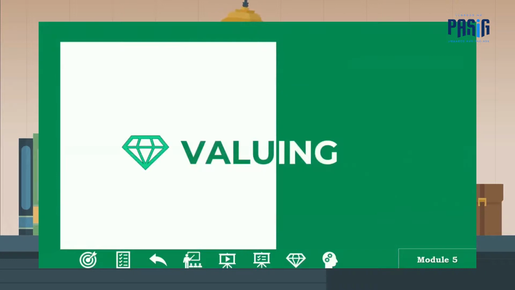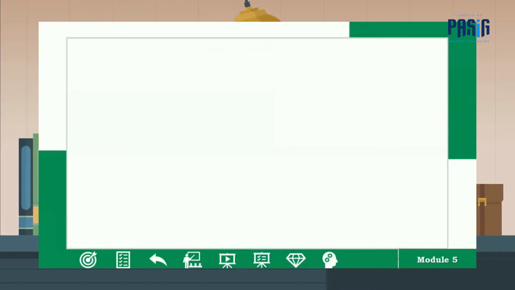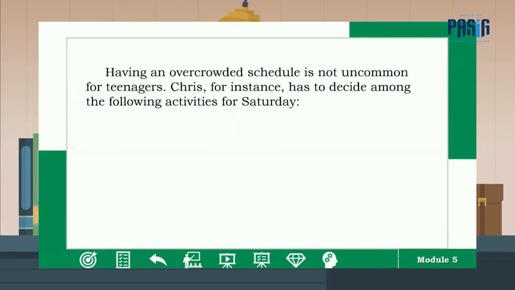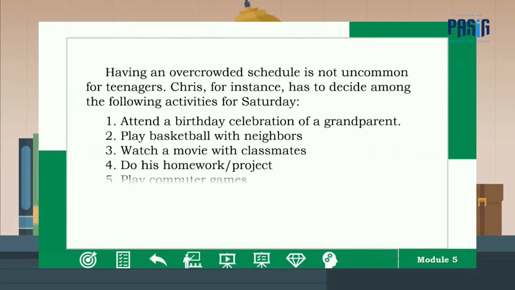And for our valuing, I would like you to give your own reflection in this situation. Having an overcrowded schedule is not uncommon for teenagers. Chris, for instance, has to decide among the following activities for Saturday: 1, attend a birthday celebration of a grandparent.